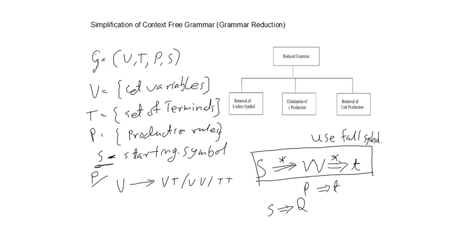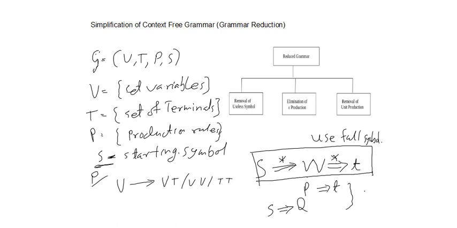So obviously, in this example, P and Q are useless symbols. To remove useless symbols from the grammar, we should identify all useless symbols by verifying the whole set of production rules, and remove them by following certain steps. Those things we'll see.